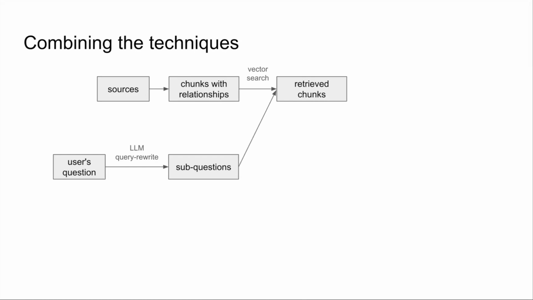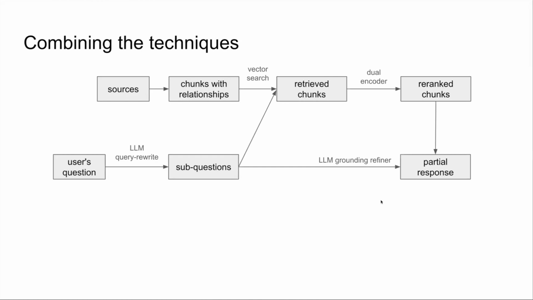Then you use vector search to retrieve some of the chunks, some of the passages. Then you re-rank them, with either a dual encoder or an LLM, to pick the best passages out of it. And then you use our grounding model, the AQA model, to make sure that you take the sub-questions, take the retrieval, and produce a partial response.